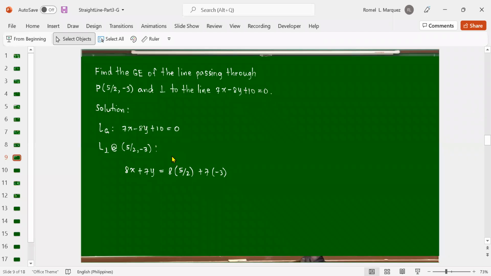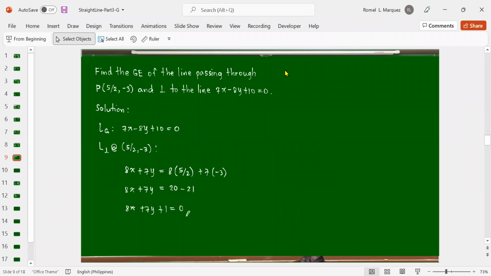When transposed, negative c sub 2, this is our c sub 2. Okay? 8x plus 7y, and this is equal to 20 minus 21. So finally, we have 8x plus 7y minus, this is -1, so plus 1 equal to 0. Get it, guys?